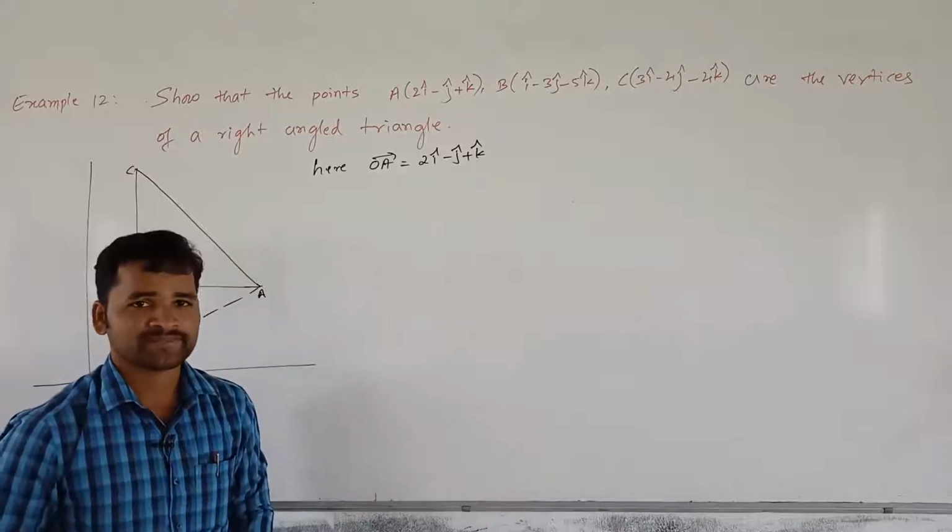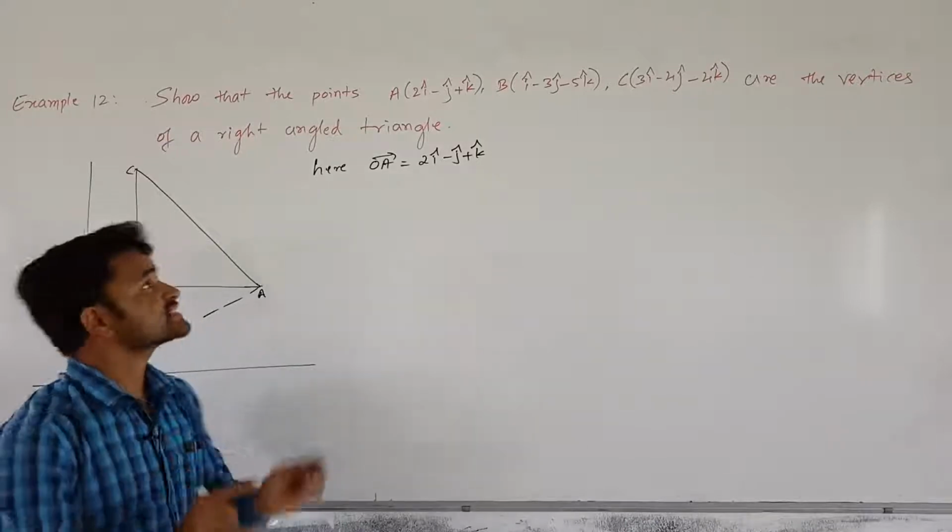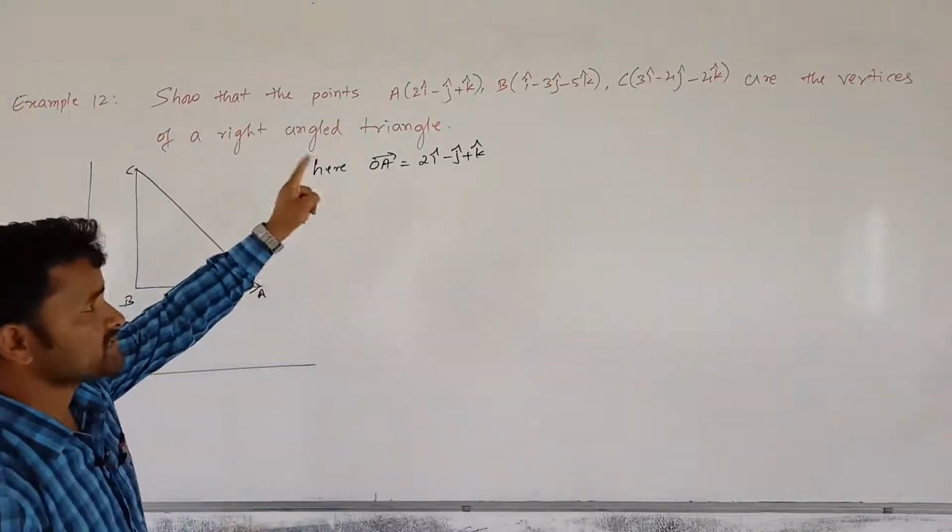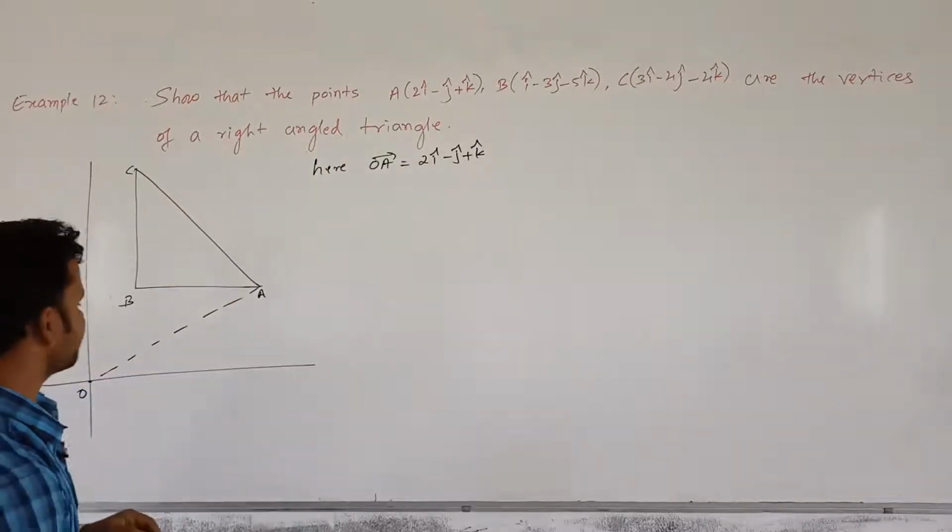That is wrong. Here they are saying that points. Show that the points means these are position vectors.